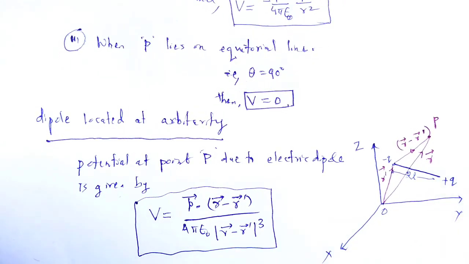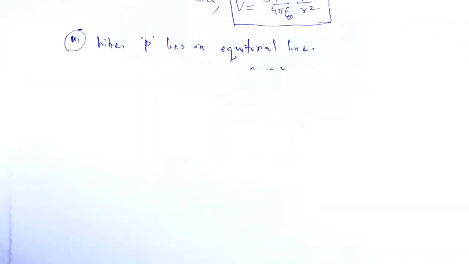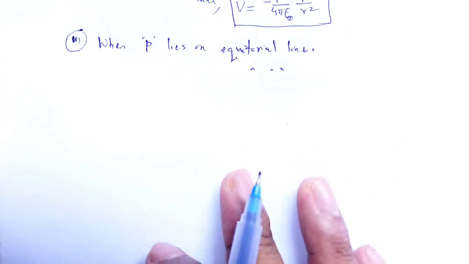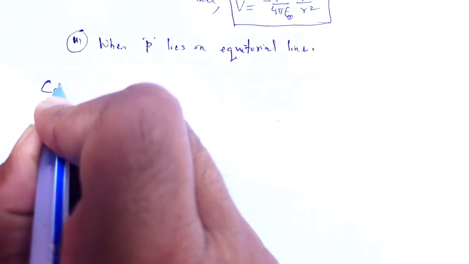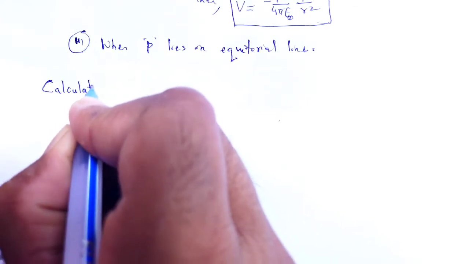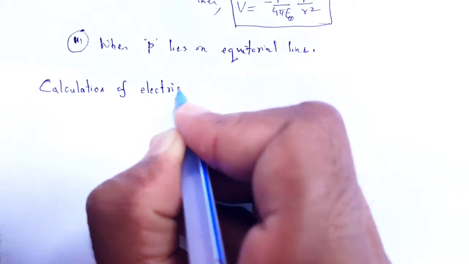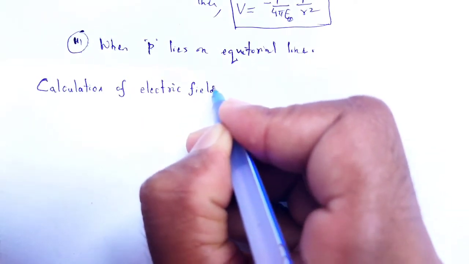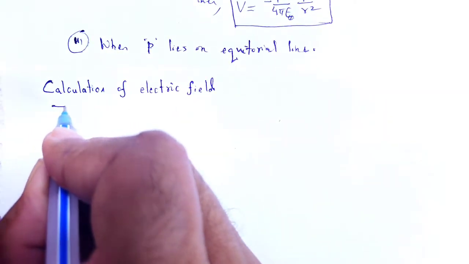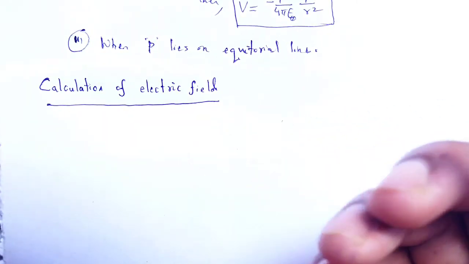Now, we have to calculate the electric field due to the dipole from the expression of potential. So, calculation of electric field. Look here how we have to calculate electric field from the expression of potential.